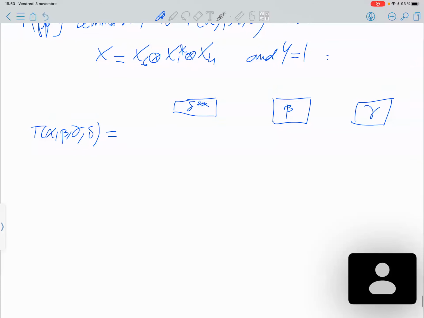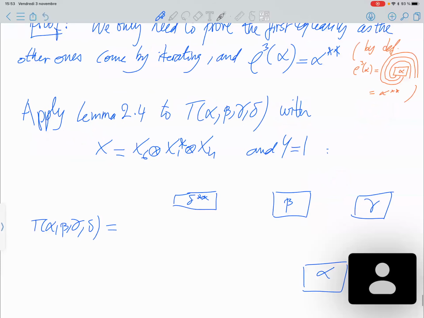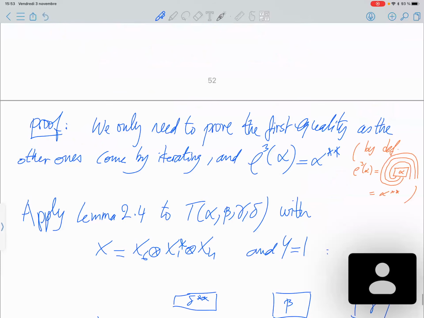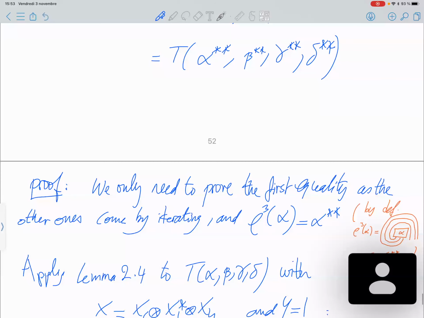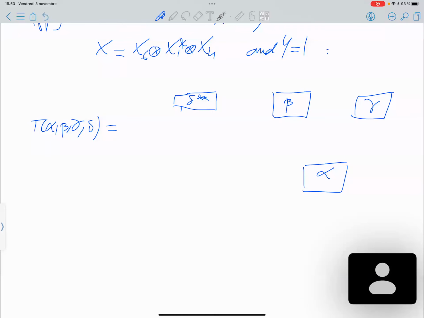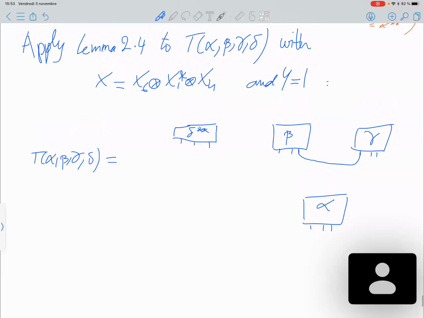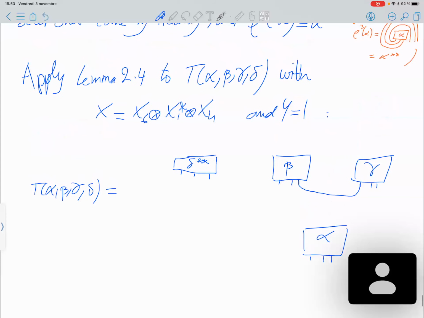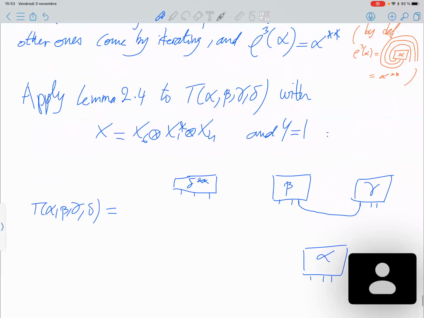And you have to be careful. So you have this big part. This is the same as before. The alpha on the left is connected to delta.